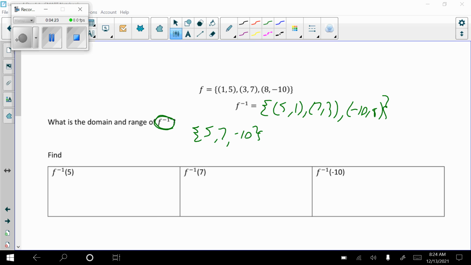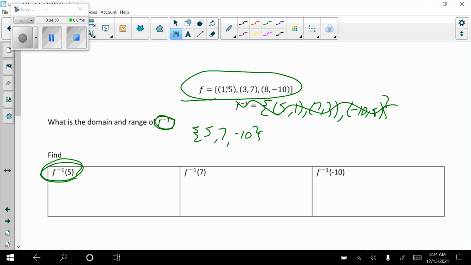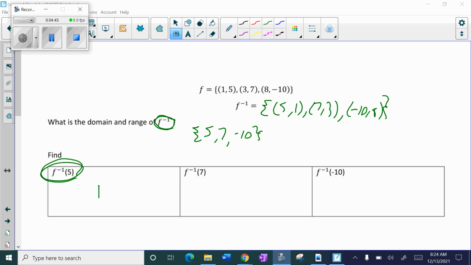Okay, so here, f inverse of 5, let's pretend like we didn't find this, and then we'll go back to finding it. If we're looking at the original function, we would actually start with the y value and go back and answer 1. So you can see this where we found the inverse, and we're trying to find f inverse of 5, it's just going to be our y value as normal.